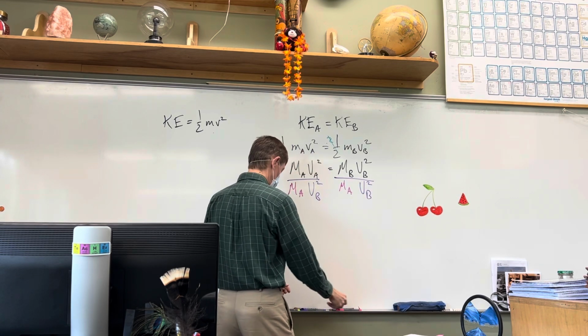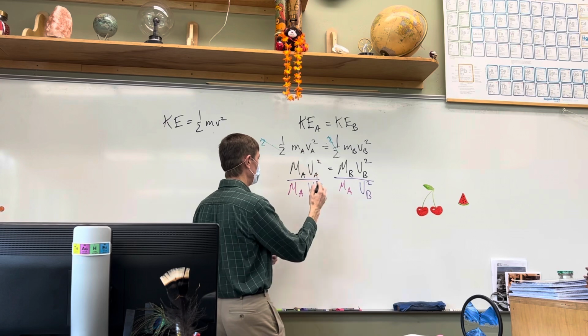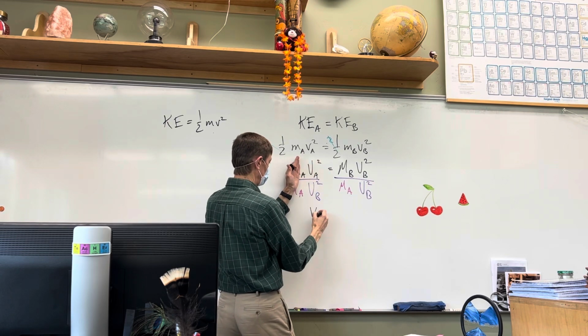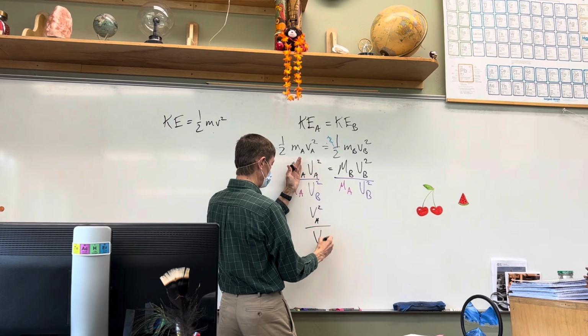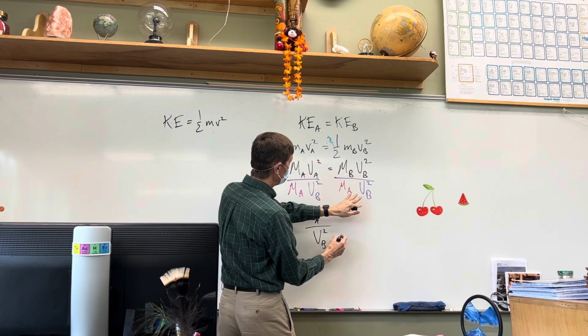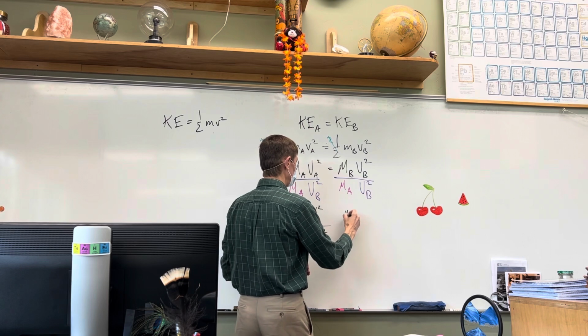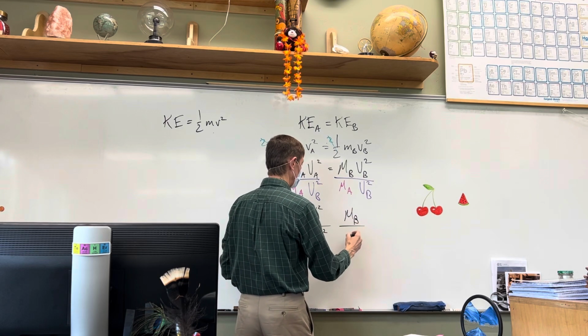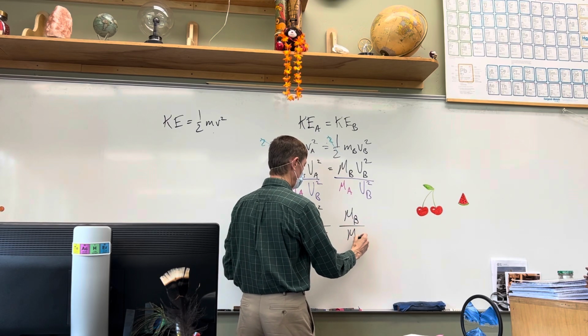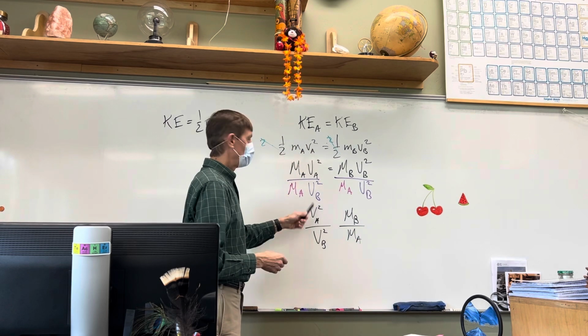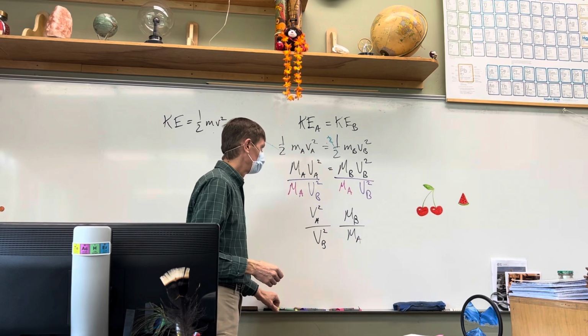So now, what is the result? We get V of A squared over V of B squared. And over here, we get M over M. M of B over the mass of A. Now we don't like squared, so how can we simplify that?